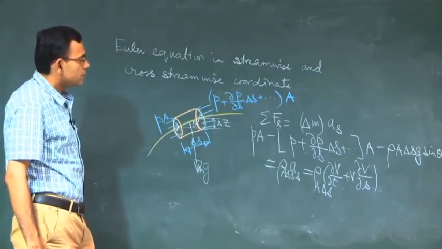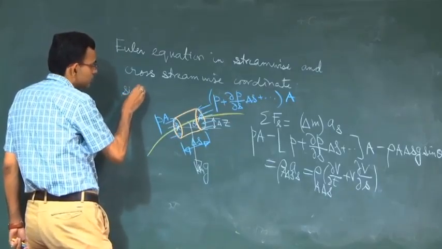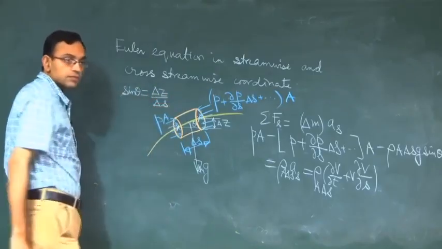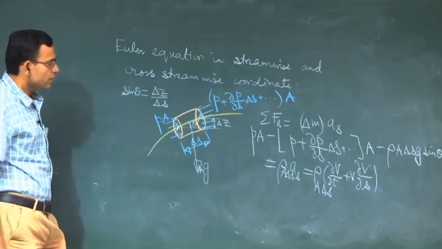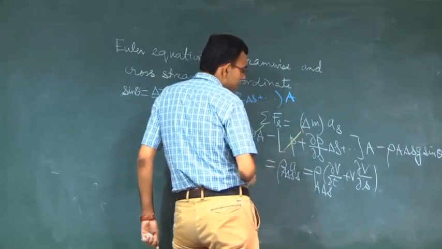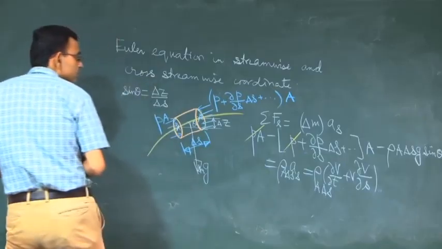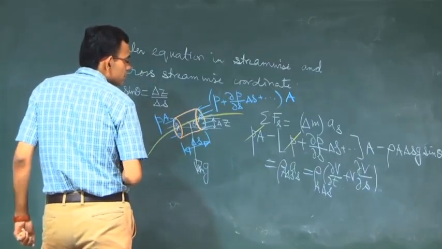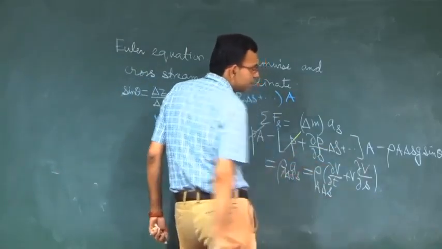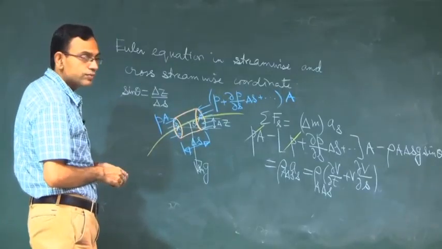So, if we now write sin theta, it is this one. So, let us see which terms get cancelled; these terms get cancelled. You can also cancel A into delta S from both sides and take the limit as delta S tends to 0.